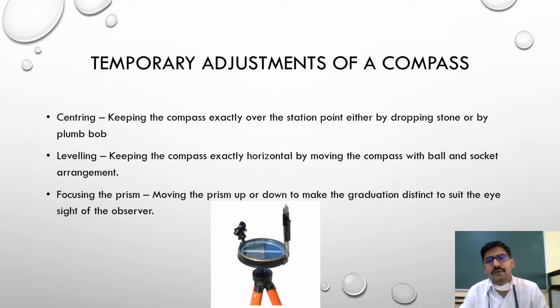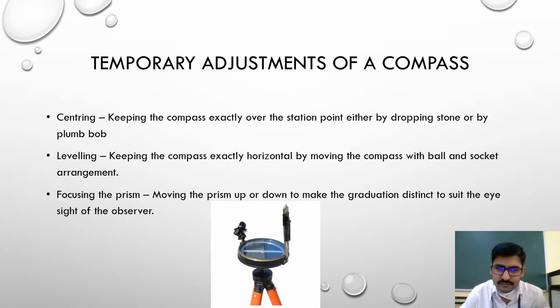So whenever you start the work, or whenever you move the equipment from one point to another point, you need to carry out some adjustments which are called temporary adjustments. The name temporary is given because every time you move the equipment you need to do it once again.